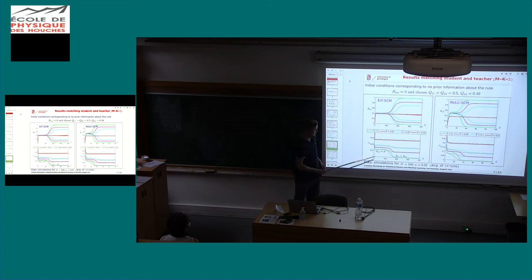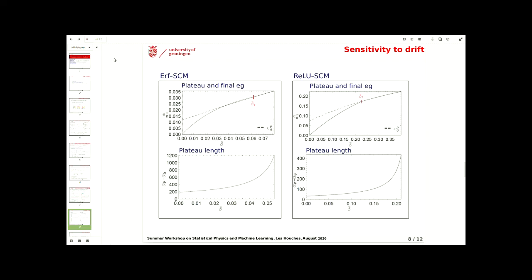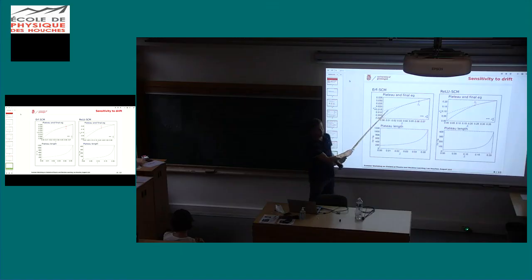With dots I show simulations that we did for finite n, of course, n is 500. So what you can observe is with increasing concept drift, the plateau length increases as well as the performance decreases. Here we show the generalization error that is achieved in the unspecialized plateau state and in the final state as a function of increasing concept drift.